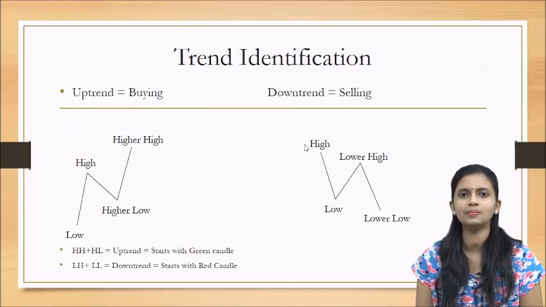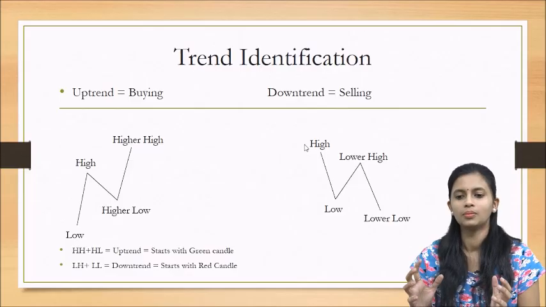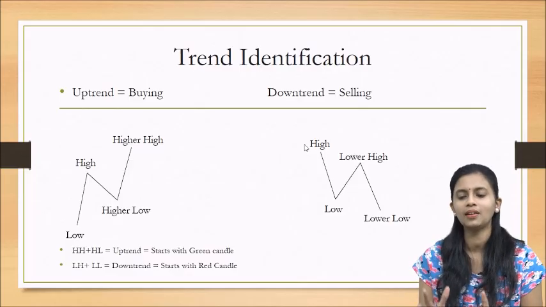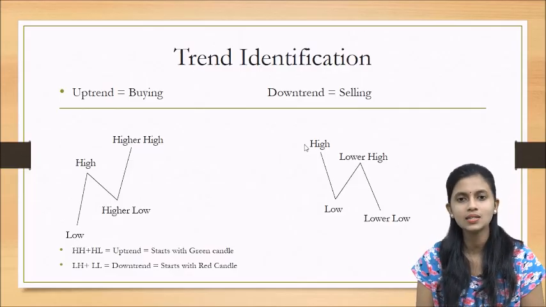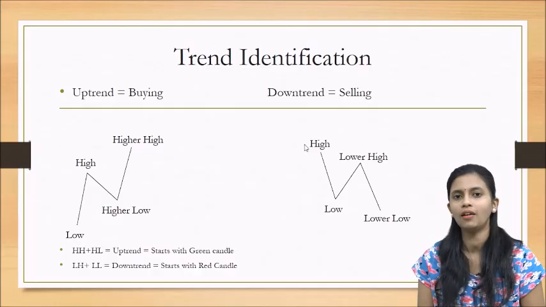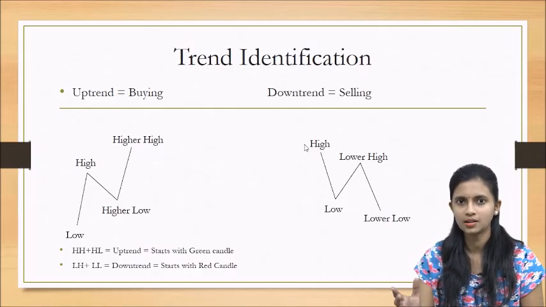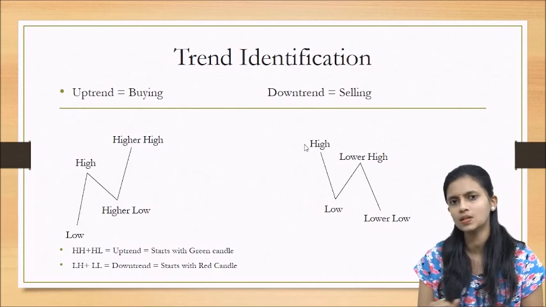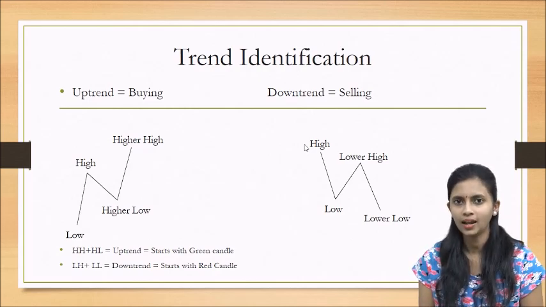So the next thing in price action which you have to understand is identification of trend. How will you identify whether a stock is doing an upward trend or a downward trend, or is it sideways? Then only you can make your proper entry and then only you can make an effective trade.